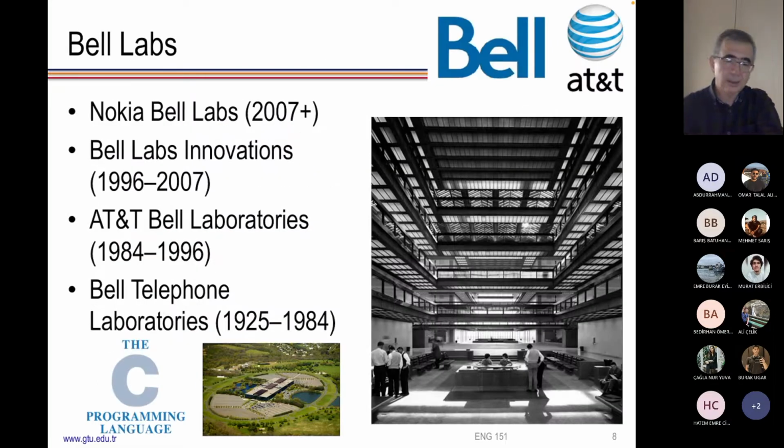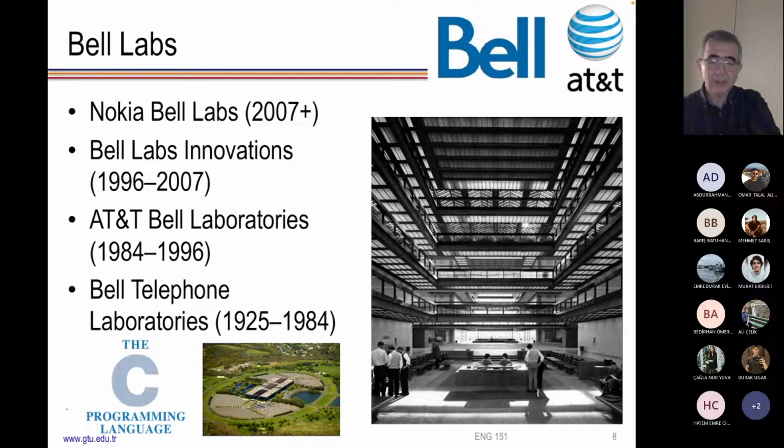This is the picture of the Bell Laboratories, the old building in New Jersey. By the year 2007, it was acquired by Nokia, and now it is Nokia Bell Laboratories.